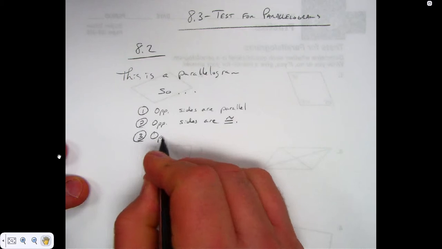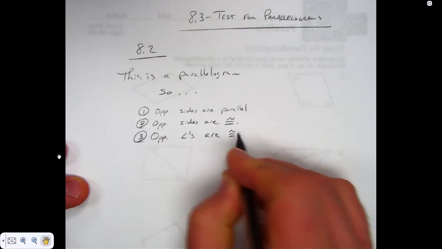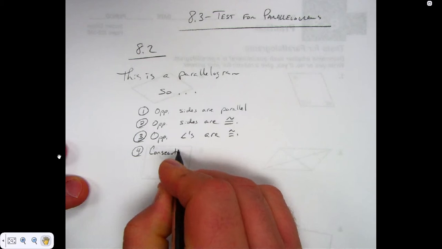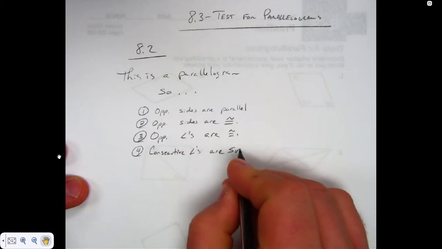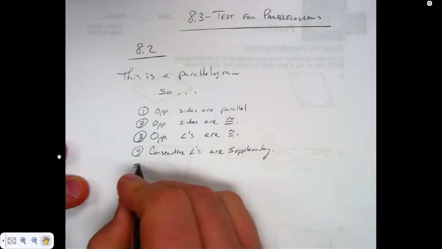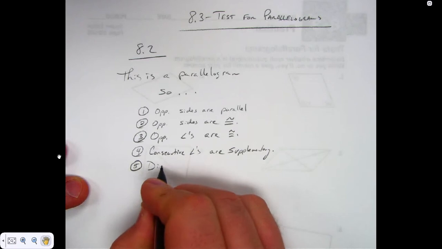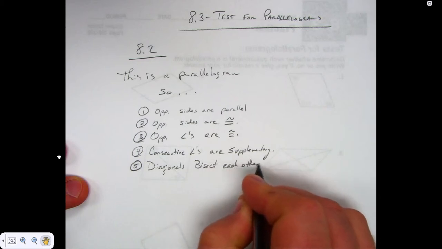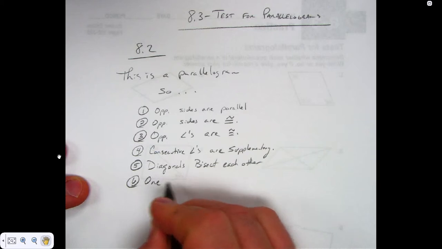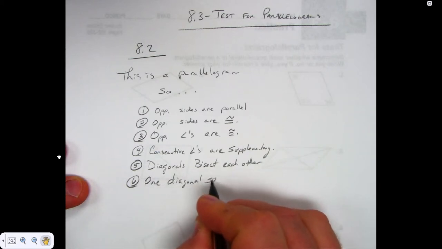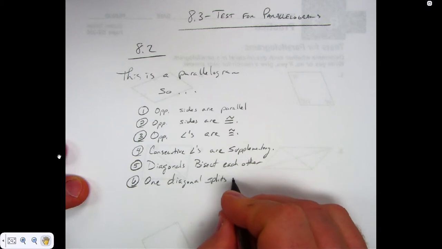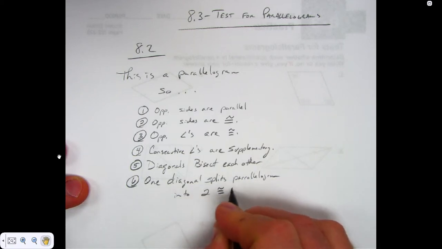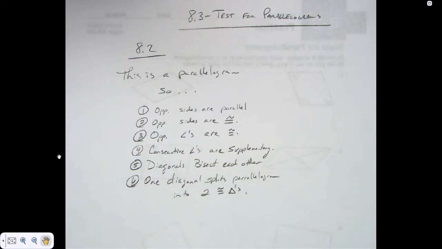Opposite angles are congruent. 4 up there on the list says consecutive angles are supplementary. 5. Six. Okay, that's what 8.2 said.